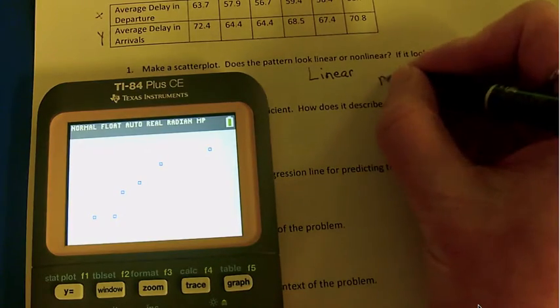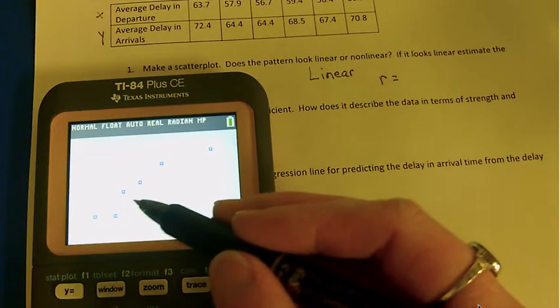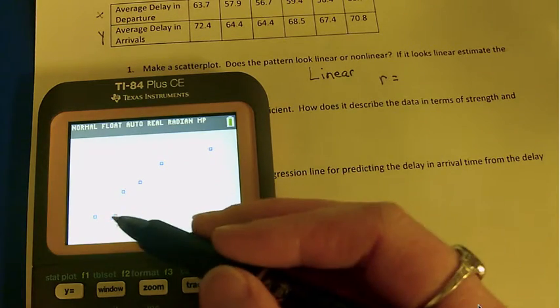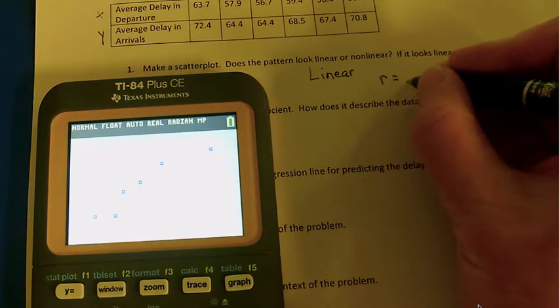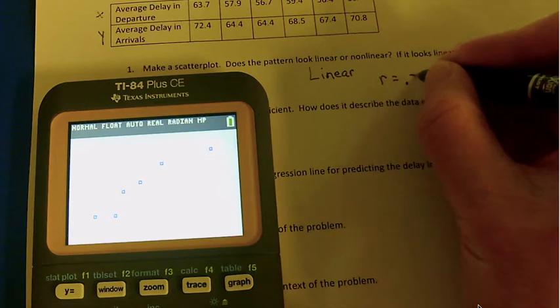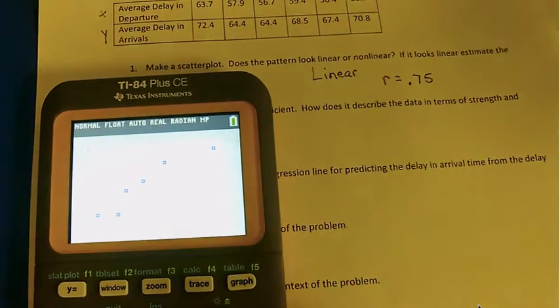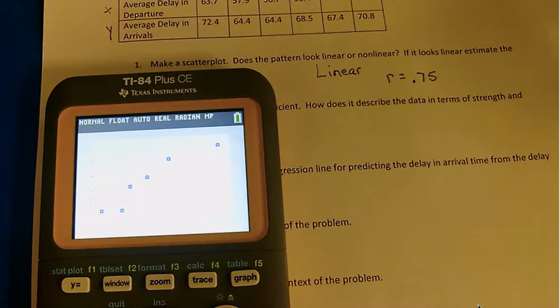Well, it looks positive, and I think it looks pretty strong. It's making a pretty strong line. It's not a perfect line. It's not a 1, but I would probably guess 0.7, 0.8, maybe 0.75. I'm just guesstimating. And when we run our linear regression, we're going to find out the actual values.